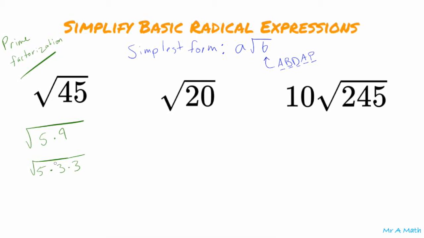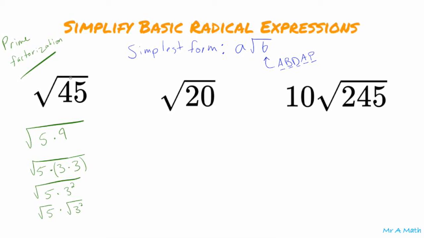The thing that's helpful here is this. 3 times 3 is essentially 3 squared. And if I know about square root algebra, I know that I can break this up into the square root of 5 times the square root of 3 squared. Now, what is the square root of something squared?